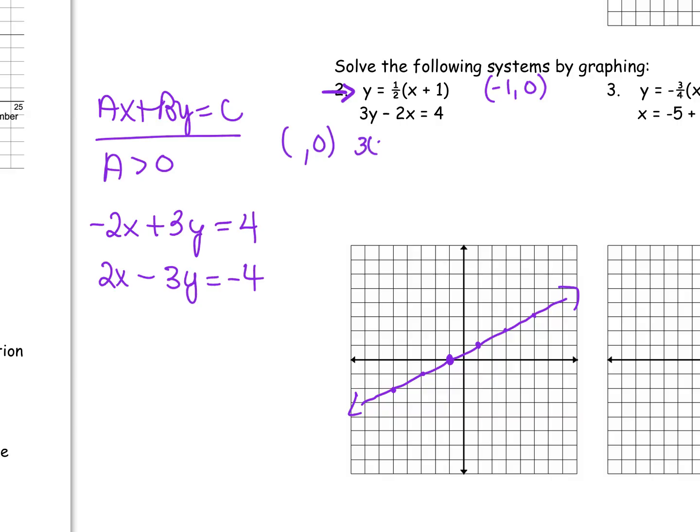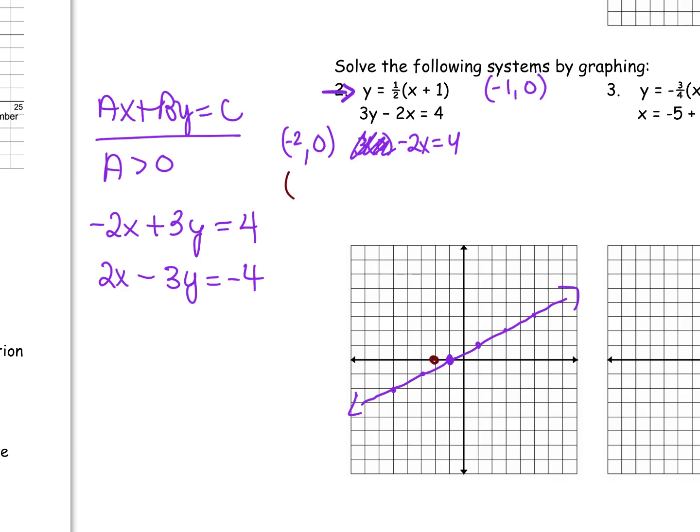So I'm going to plug in a 0 for y. What happens when I plug in 0 for y? It's gone. In Algebra 1, we call it the hand. We just covered it up with our hand, and I'm left with -2x equals 4. So what does x equal? No, -2. So now I have a point at -2.